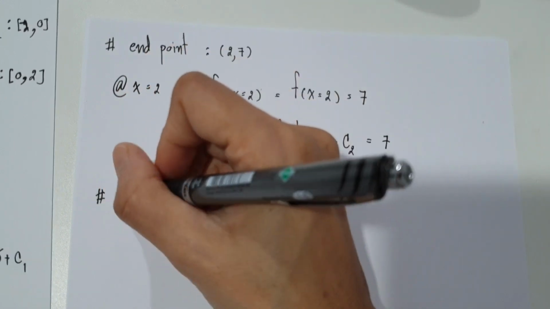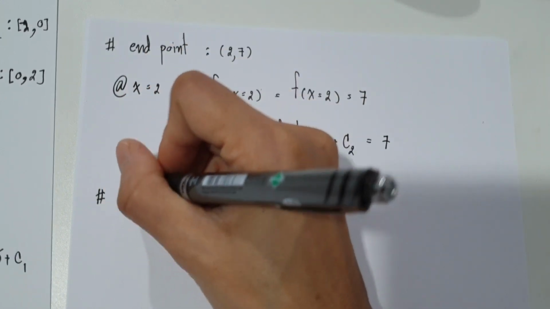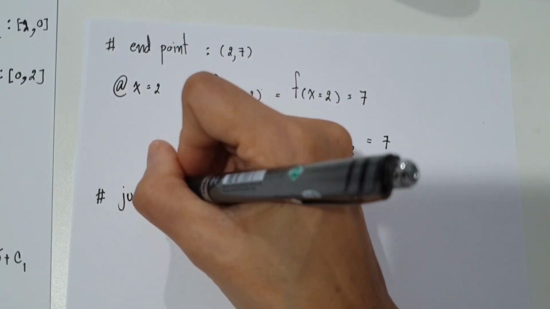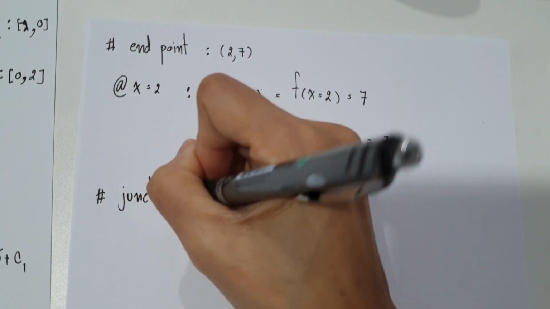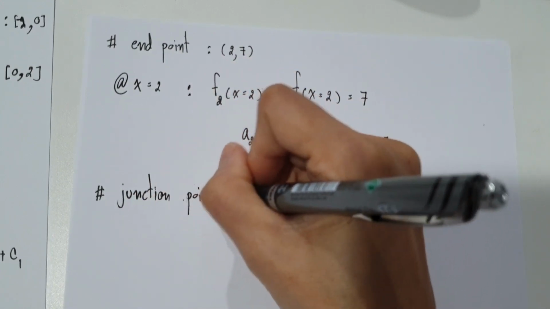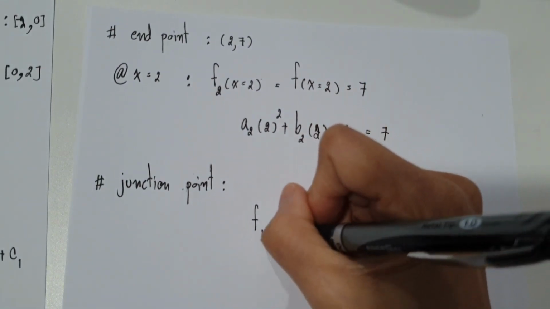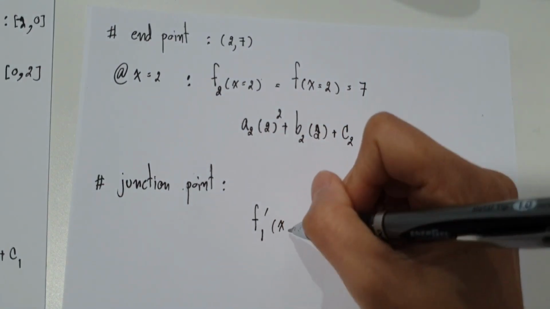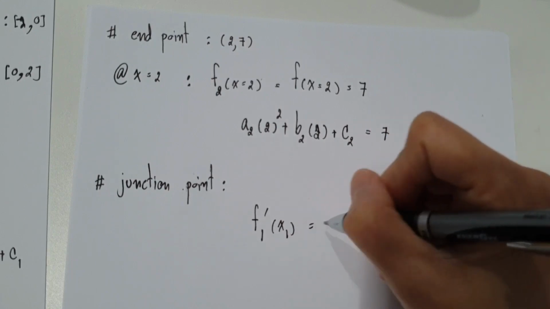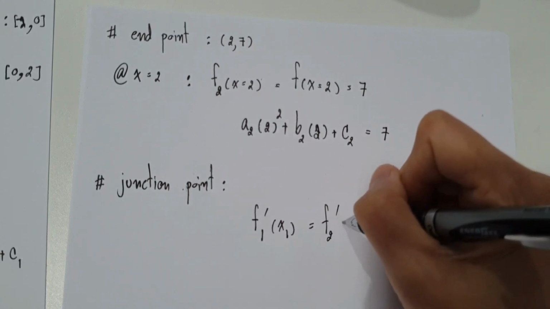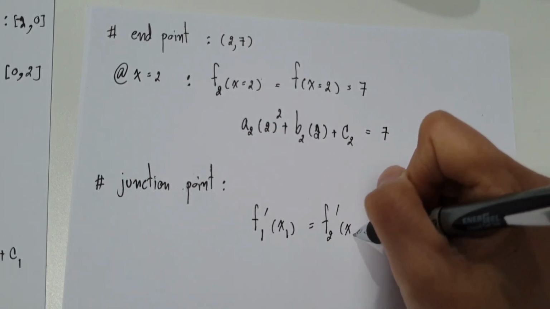And also, we can create an equation from the junction point. At the junction point, we know that f1'(x1) equal to f2'(x1).